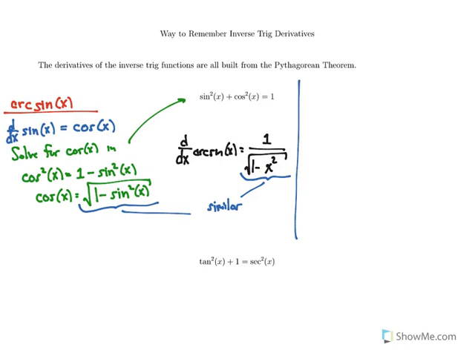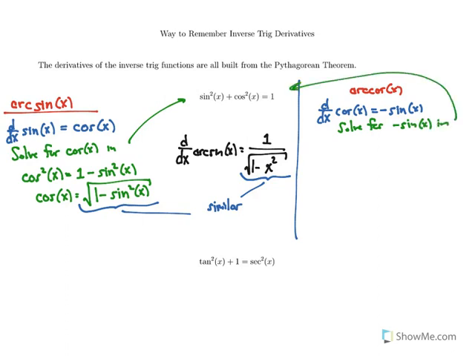In a similar way, we could do the derivative of arc cosine, noting that the derivative of cosine is negative sine. And if we solve for sine in the Pythagorean theorem, we get that sine squared is equal to 1 minus cosine squared. So sine is the square root of 1 minus cosine squared.